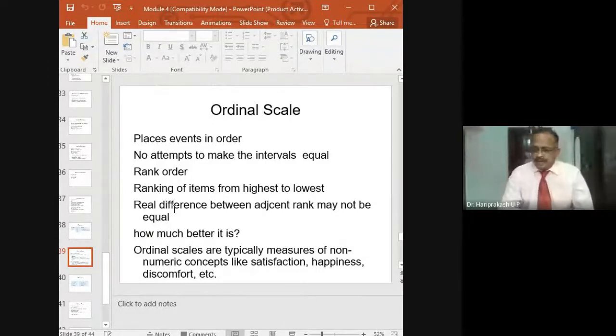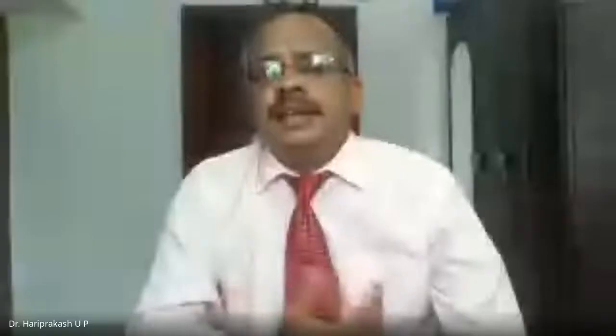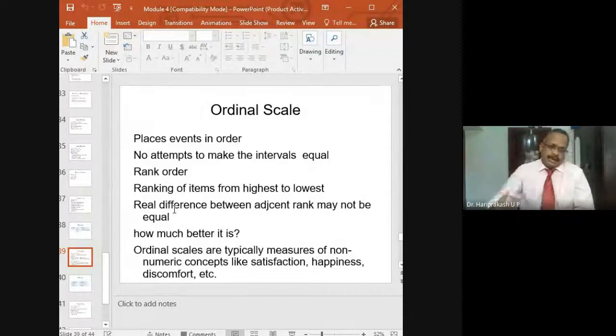Here a person getting the first rank means it is associated with his performance. The person who has scored highest gets the first rank. The next person gets the second. Similarly, in a running race, who has come first, second, third, fourth, like that.